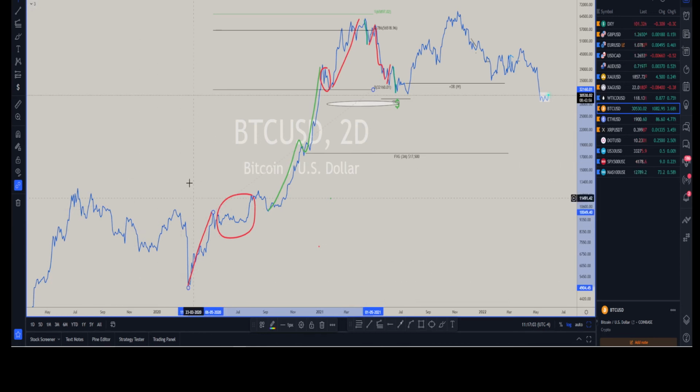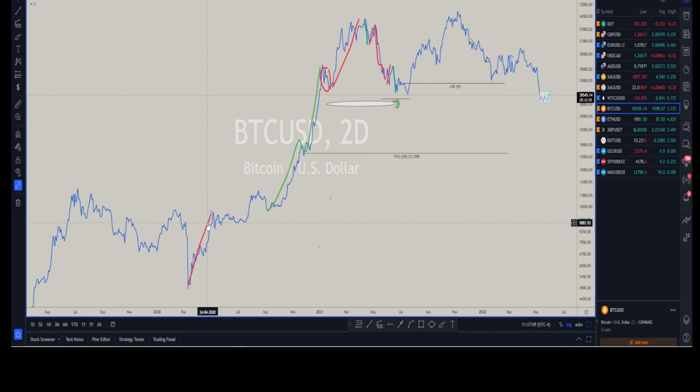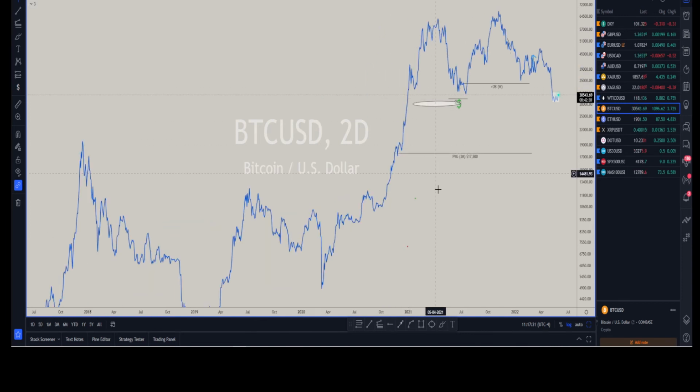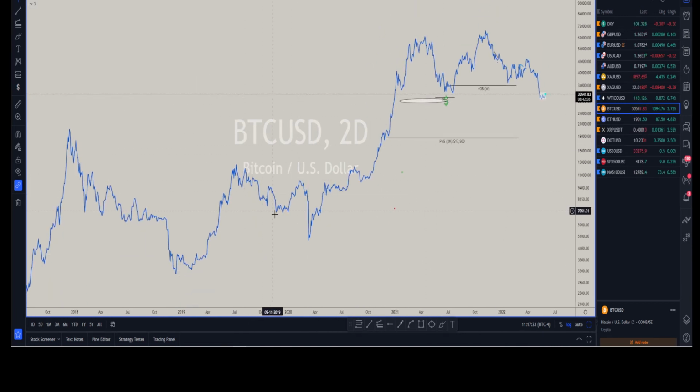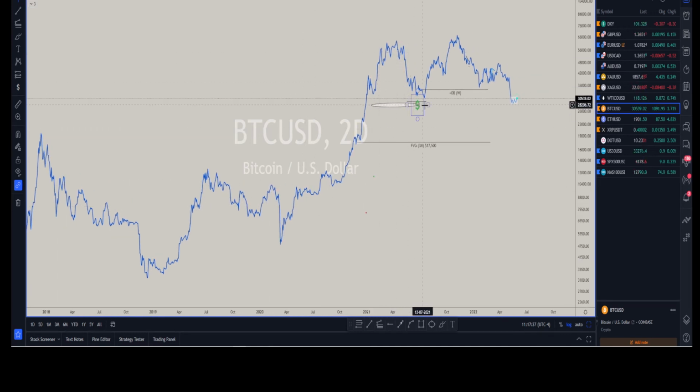Maybe something similar to this, but the rule of alternation, if this is taking the shape of this, so how about this whole thing right here?